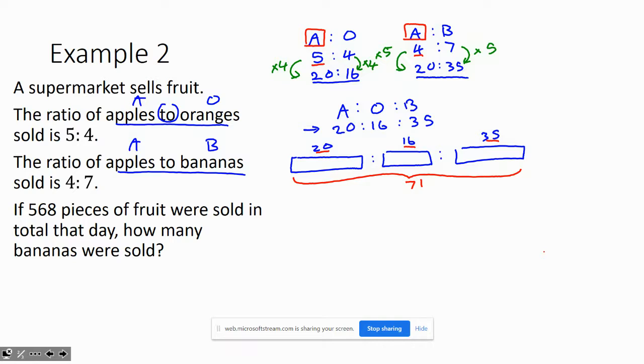So we have 71 parts altogether to this ratio, or 71 boxes. We've got 568 pieces of fruit altogether. So 71 boxes altogether has 568 pieces of fruit.